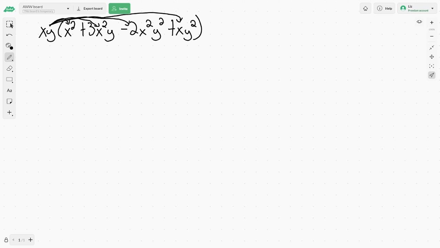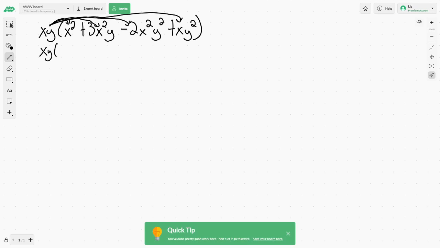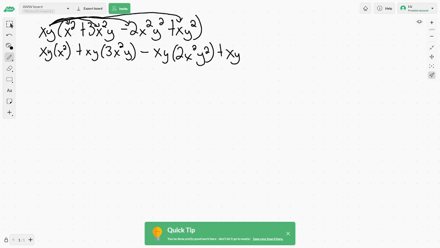by. So x squared, so we're doing xy times x squared plus xy minus xy times 2x squared y squared plus xy times xy squared. So we have 1x here, 2x's here, that's 3x's, 1y.